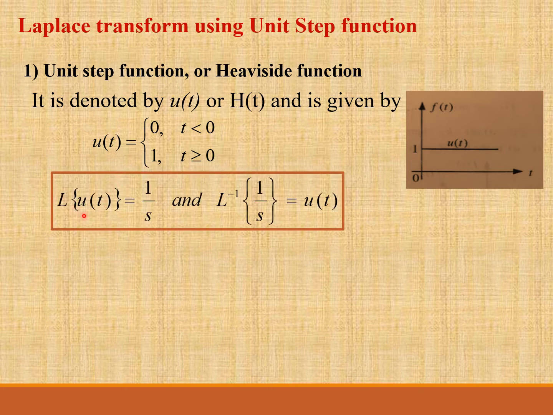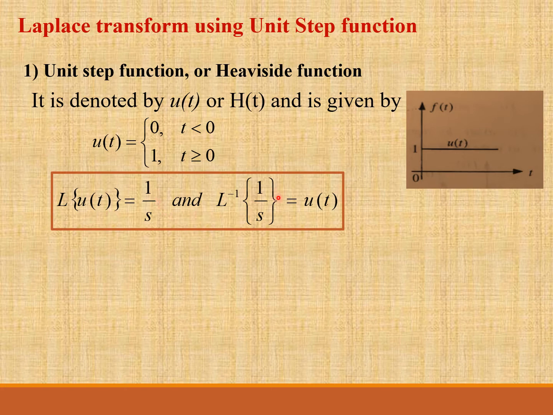Further, the Laplace of the unit step function is equal to 1 by s, as u of t has a value 1 for t greater than or equal to 0. So by the definition of Laplace transform, Laplace of 1 is 1 by s. That's why Laplace of u of t is equal to 1 by s.